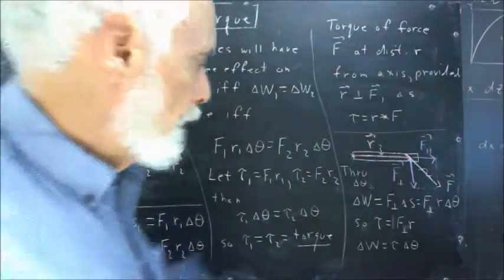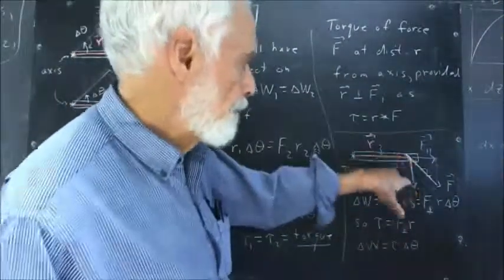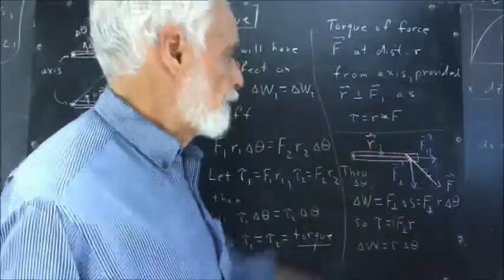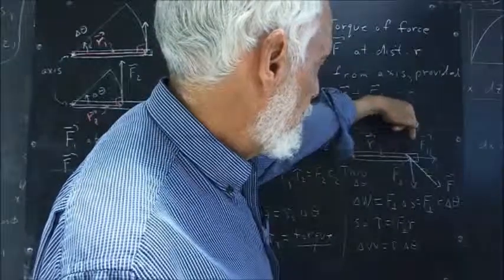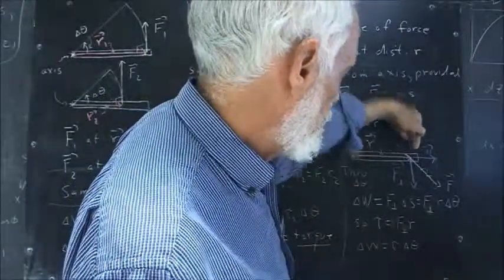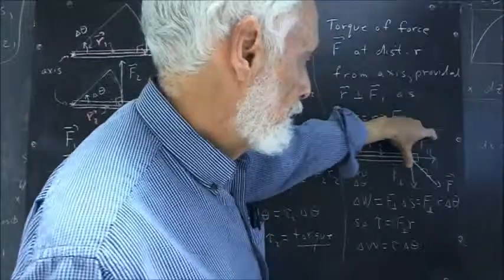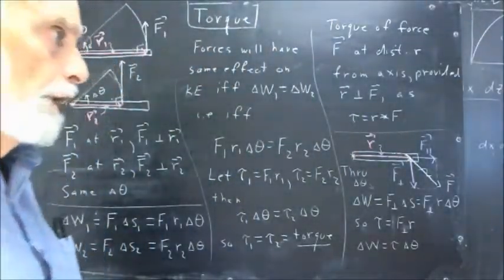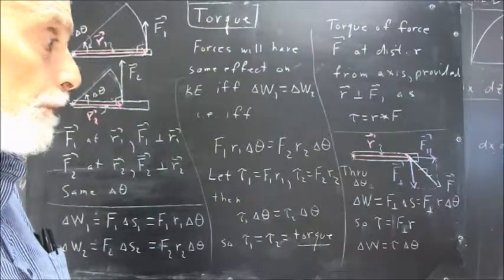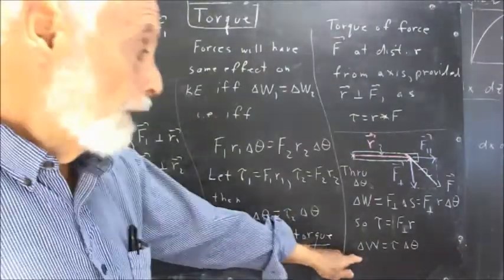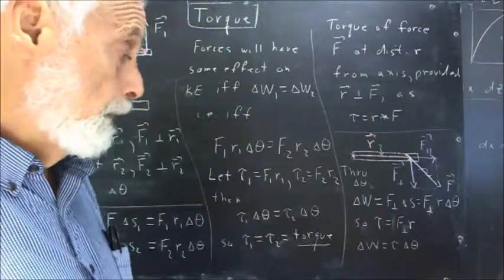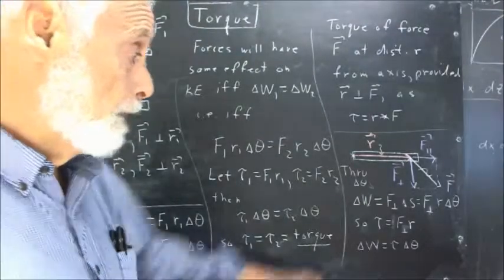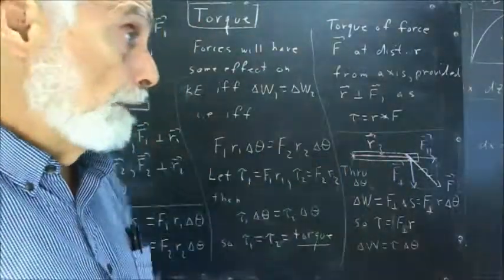So now we have the magnitude of the torque is F perpendicular times r. And of course, if we've got an angle theta between r and F, then we can use sines and cosines to get the parallel and perpendicular components, and that's all very straightforward. Now we're going to continue in another clip to further generalize this definition of torque.